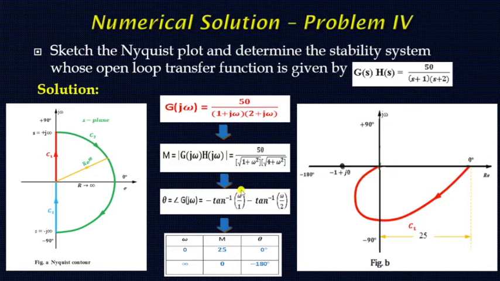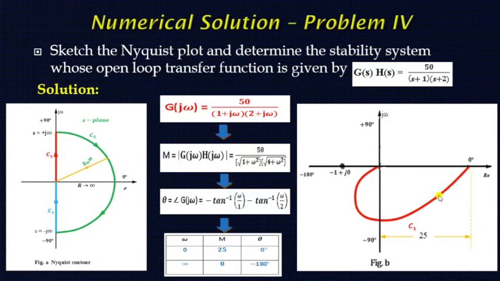And if omega equal to infinity, so tan inverse infinity, so this angle is 90. So minus 90 minus 90, minus 180. Then starting point of C1 path is magnitude 25 and angle 0. So this is the 0 degree axis and this magnitude is considered 25. So this is a starting point.